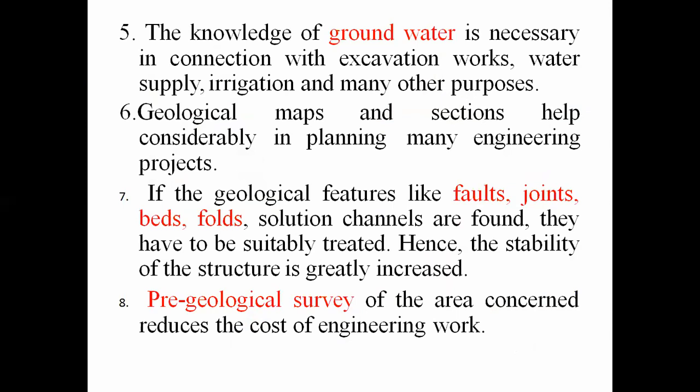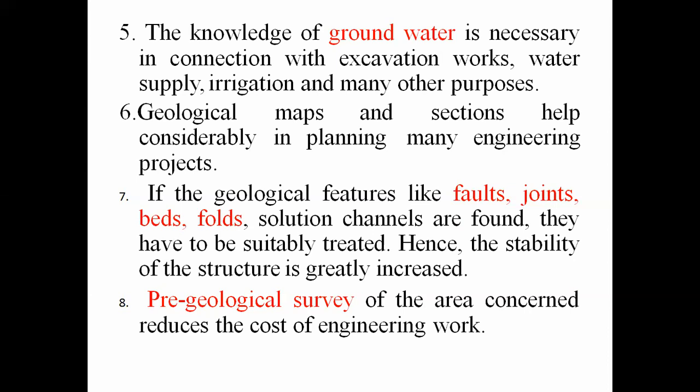Next is that knowledge of groundwater is necessary in connection with excavation works, water supply, irrigation, and many other purposes. Along with construction material, rock properties, and soil properties, we have to know about groundwater. Now, what is the meaning of groundwater? I have explained that. Groundwater means the water which is present below the earth surface.